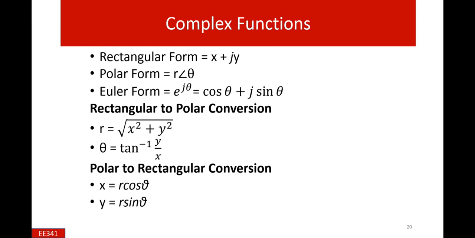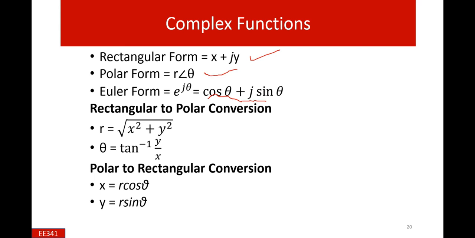These fundamental relations will be helpful to find or manipulate the complex functions. There is also the conversion from rectangular to polar and polar to rectangular forms. This is the representation in rectangular form, this is the representation in polar form, and this is another way to represent it.